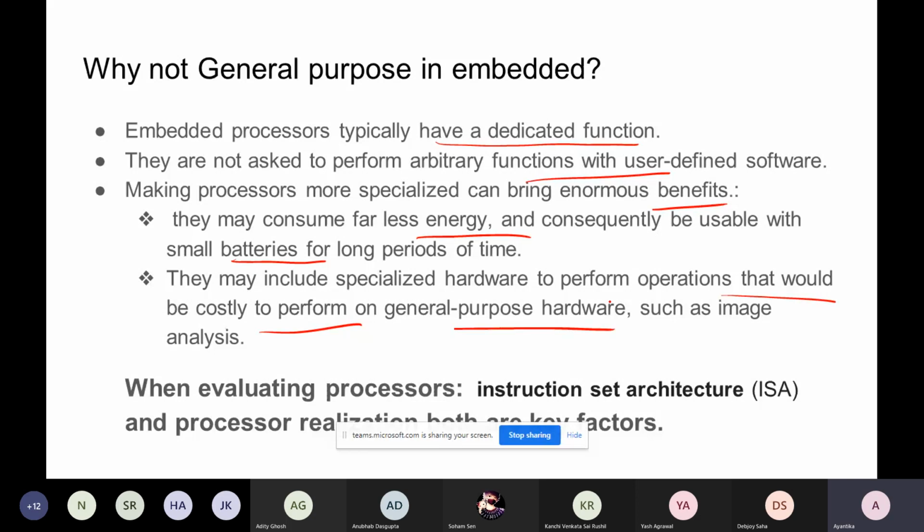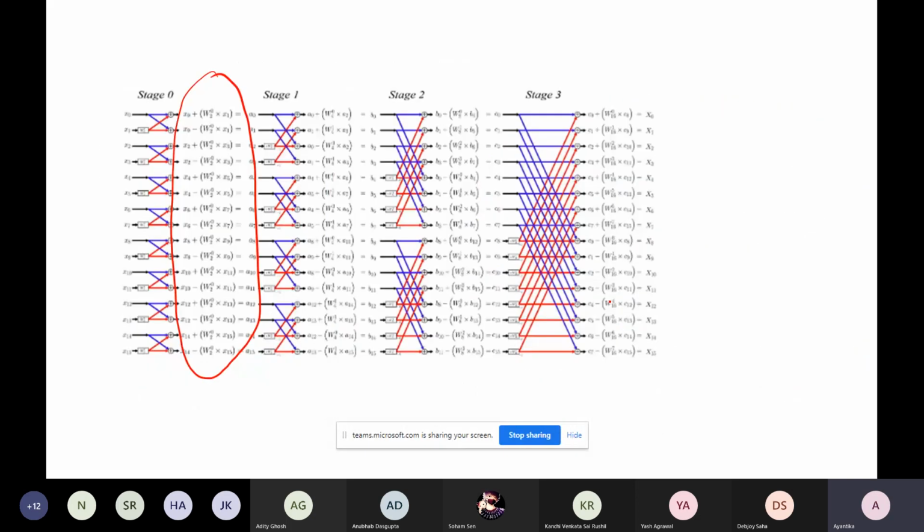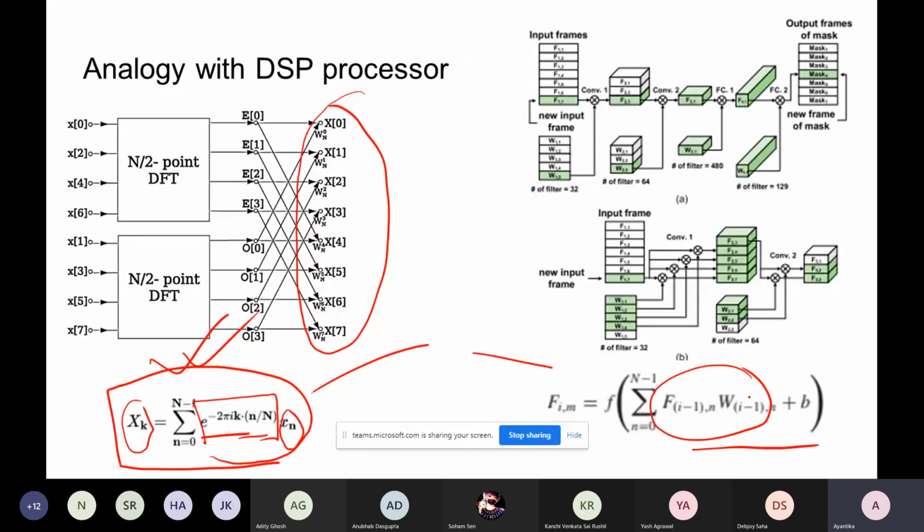In a general purpose processor, you have to do multiple steps to do such a multiply and addition. In DSP-based processors, we have dedicated hardware to support these costly operations, and that is the main reason we are choosing the DSP processor in this machine learning scenario.